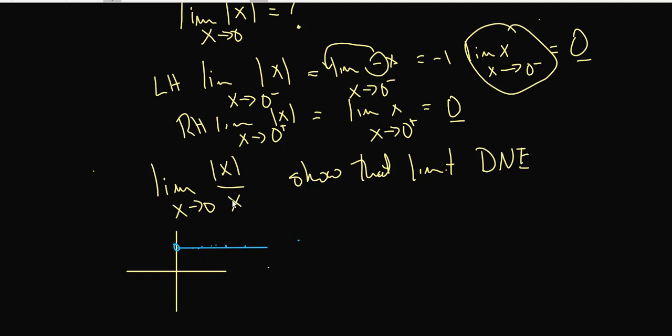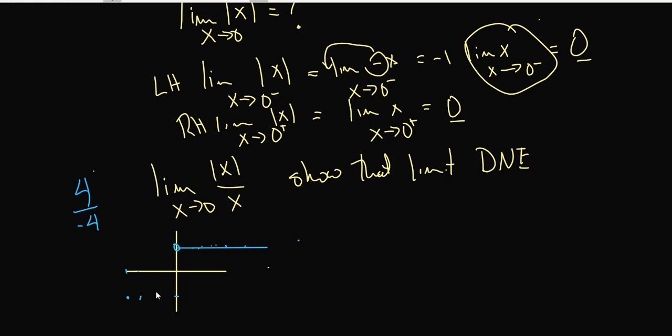Okay, now how about when x is -5? Put -5 in here, what do you get? You get 5 over -5, which is -1. Okay, let's try -4. -4 absolute value is 4 over -4, which is -1 again.